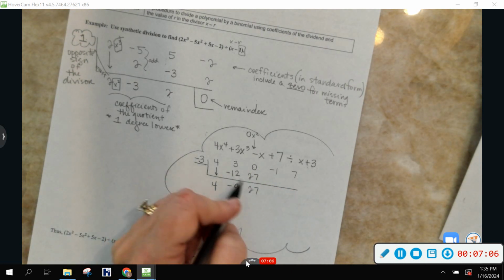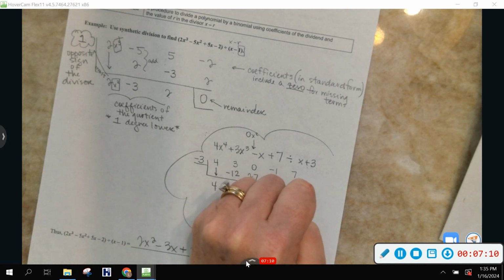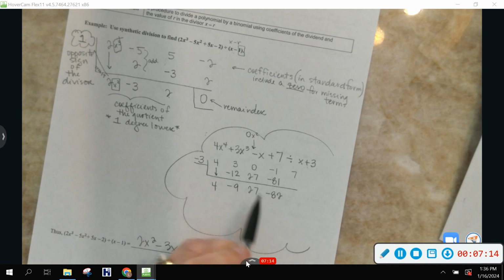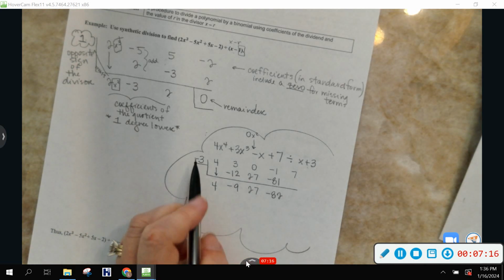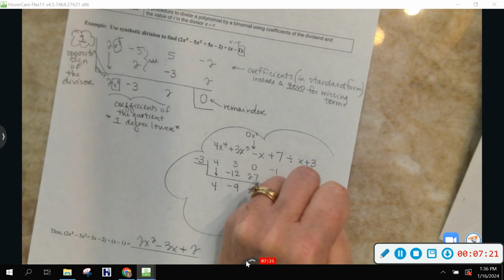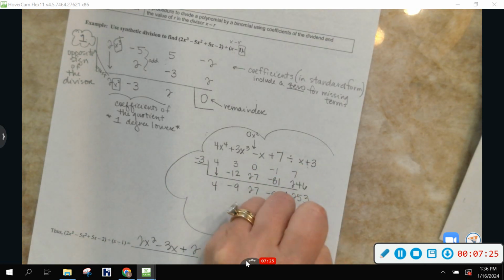Multiply 27 times 3, what's that, 60 and 21, 81, so minus 81, add, negative 82. Multiply, I'm going to get a positive, that's 246. And then add, we're looking at 253.